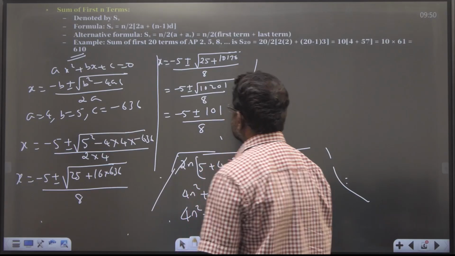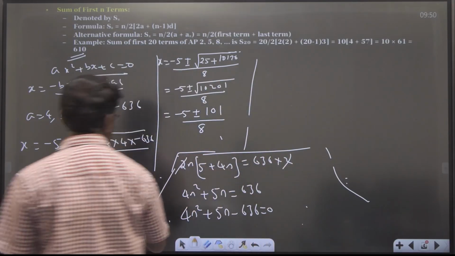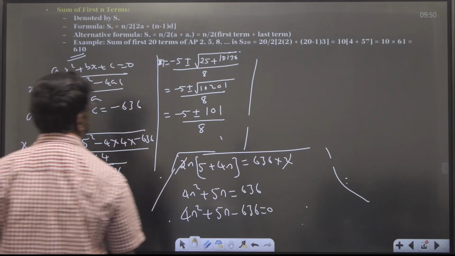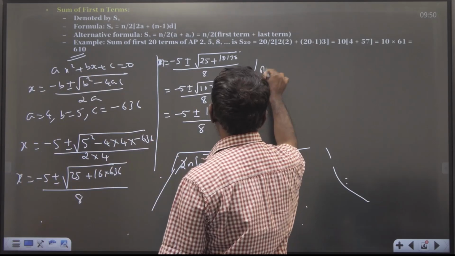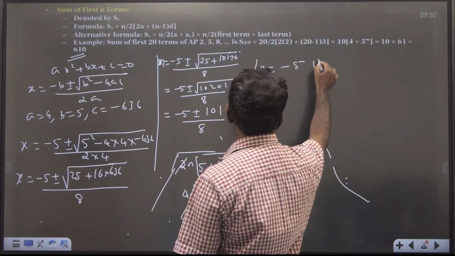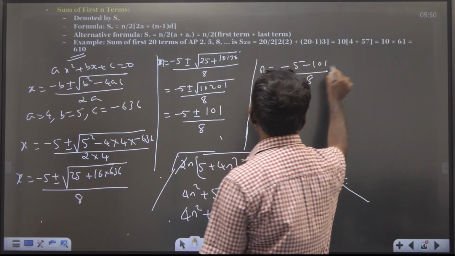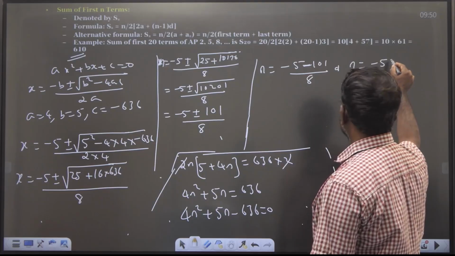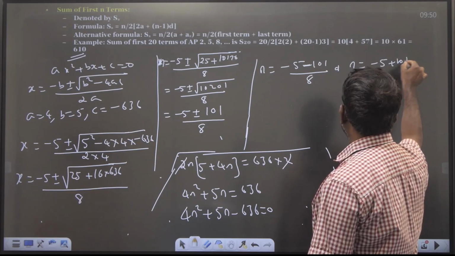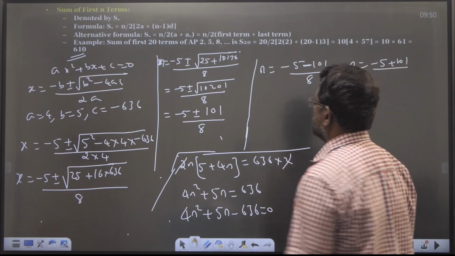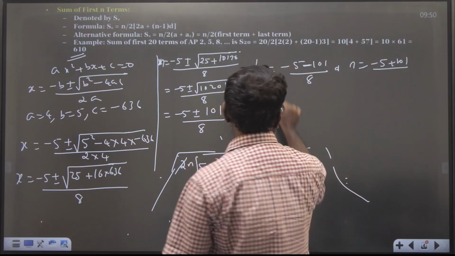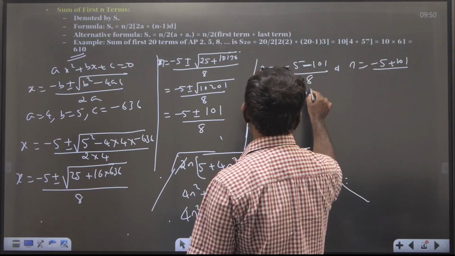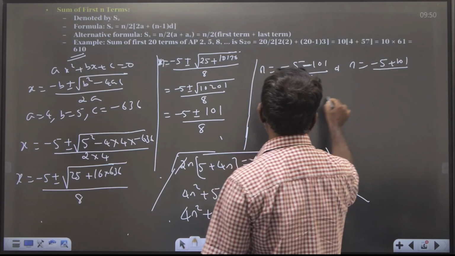Therefore, here it is not x, it is n. So n is equal to minus 5 minus 101 by 8, or n is equal to minus 5 plus 101 by 8. Two roots are there. This one is negative, minus 106 by 8.